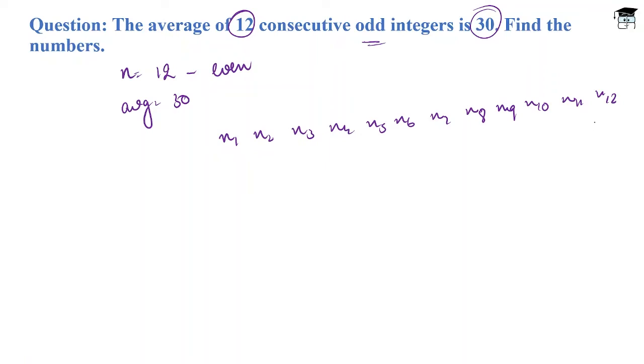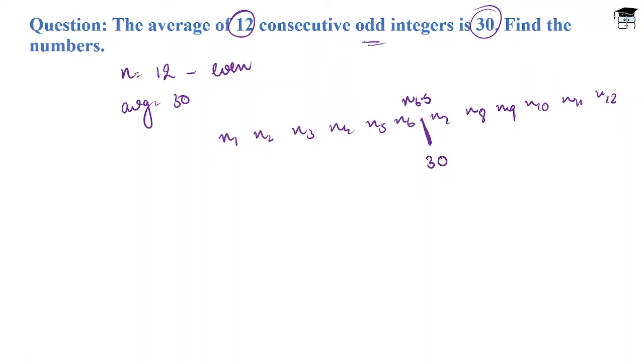Now the average is 30. So we know that average is somewhere between N6 and N7. The average is 30 here. And let's say 6.5 is our average. How is it 6.5?